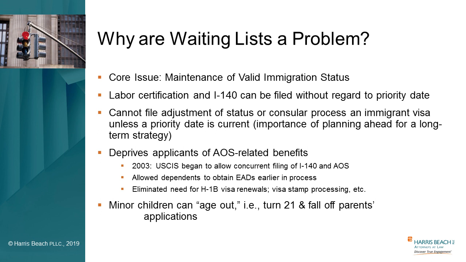At the same time, they have to continuously maintain an underlying non-immigrant status if they want to remain in the United States. So if we go back to our example of an employee in EB2 India who has to wait 10 or more years for their priority date to come up, that individual is going to have to maintain, for example, H-1B status for the next 10 or 11 years before they can get their green card.